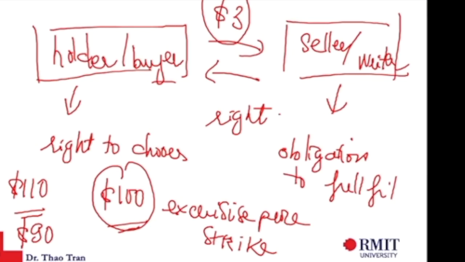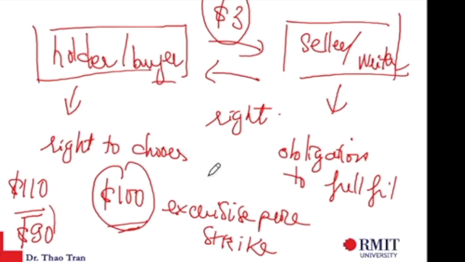Because if I walk away, I only lose the $3, the amount of money I paid at the beginning, and then I can go to the spot market and buy it at $90, a much cheaper price than buying it through the option contract. So if the price decreases to less than the strike price, I will let the option expire and walk away, and I will buy directly from the spot market.